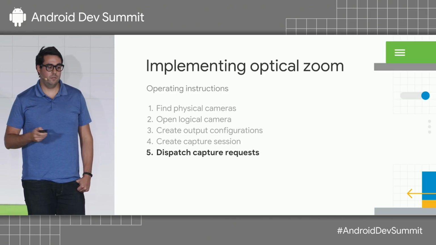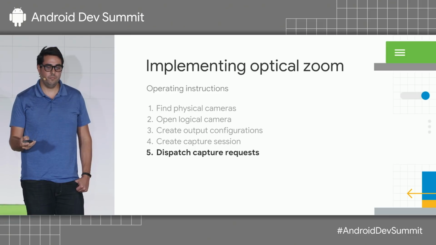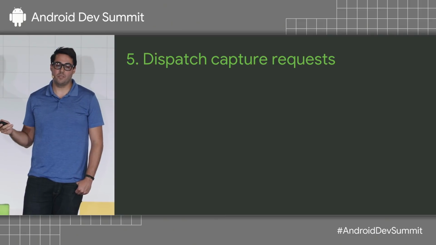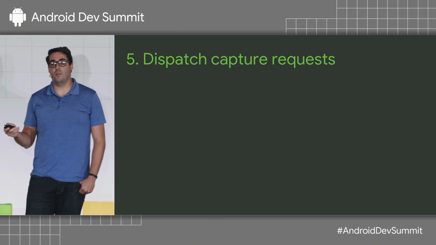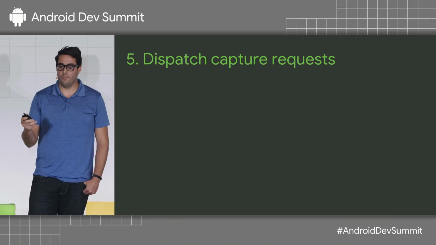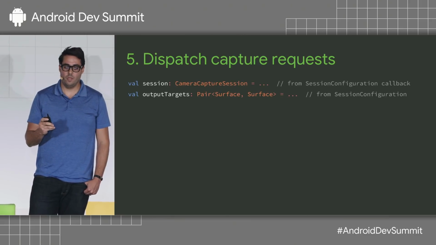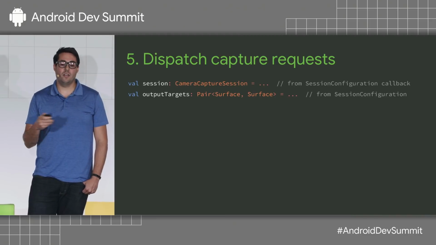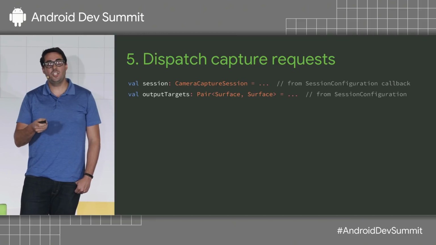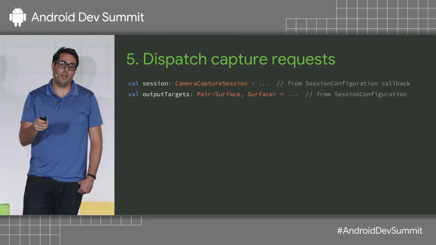Last step, capture requests. Once that has happened, we can start getting frames out of the cameras. For example, if we want to capture a frame from 2 physical cameras simultaneously, we take the session we created earlier and a pair of output targets. In this particular case, each target will be associated with a specific camera ID.